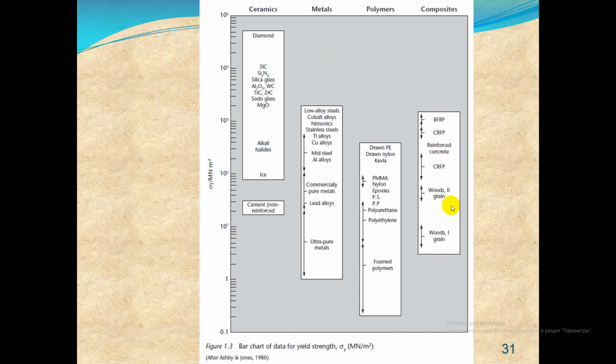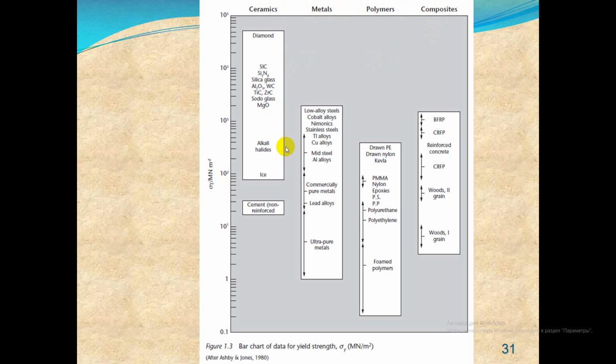Here you can compare values of yield strength for ceramic, metallic, polymeric, and composite materials.